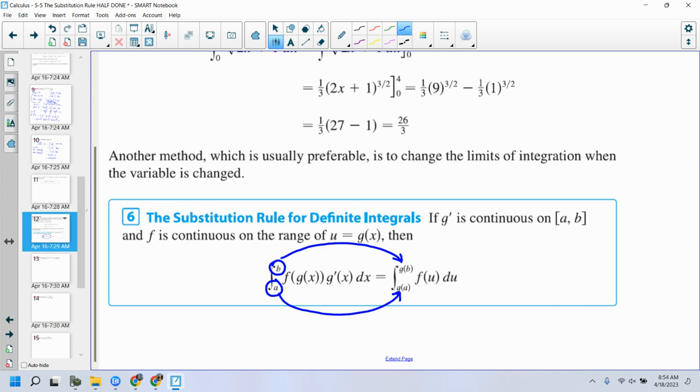So the substitution process is going to remain the same. We're still going to do that exact same process of finding u, finding du, and then going from there.